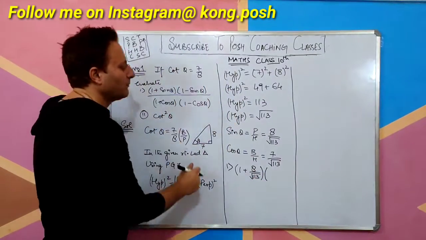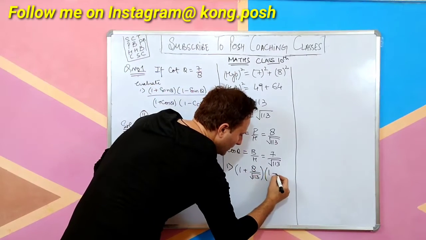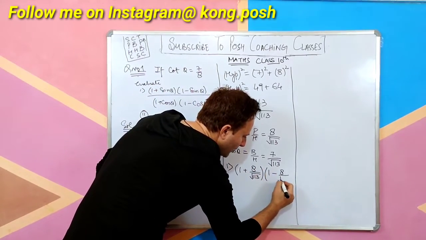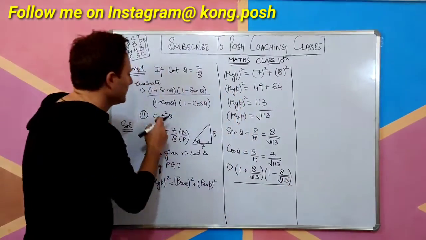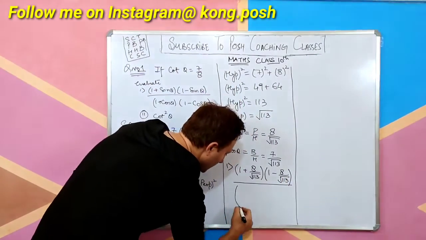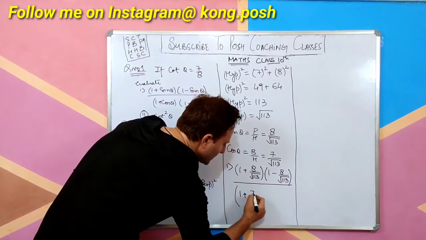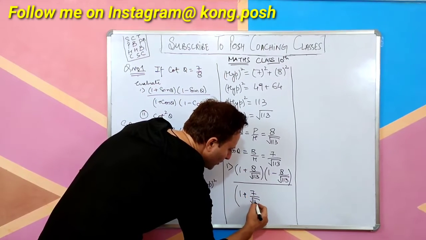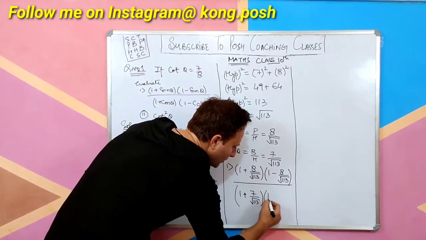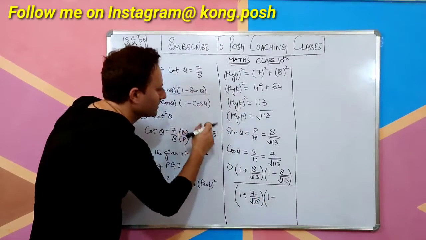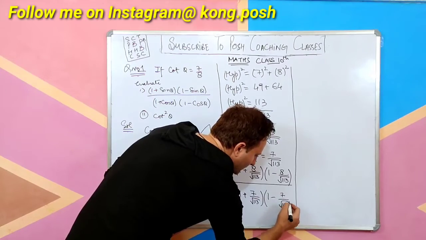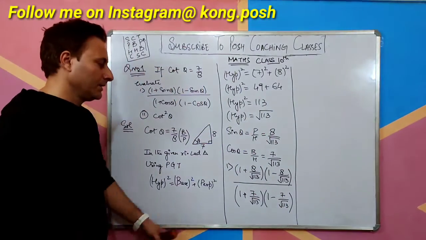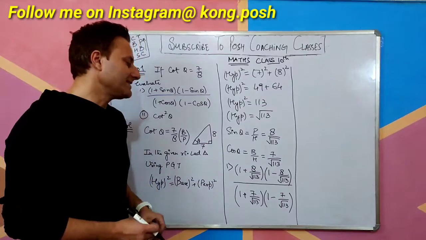Then 1 minus sine theta, it is 1 minus 8 upon under root 113, whole divided by 1 plus cos theta, which is 1 plus 7 upon under root 113, and then 1 minus 7 upon under root 113. Is that clear?